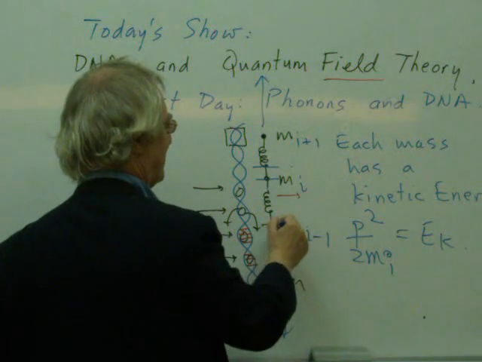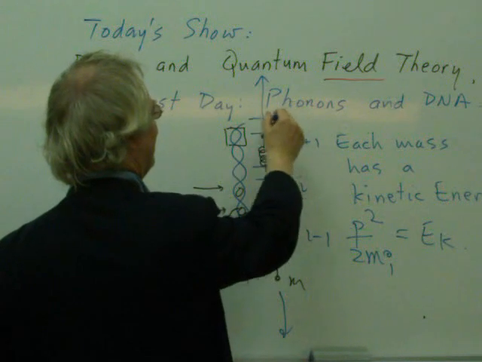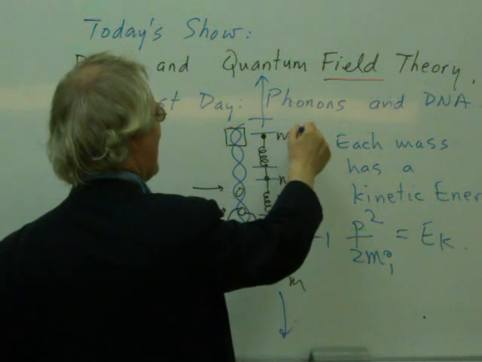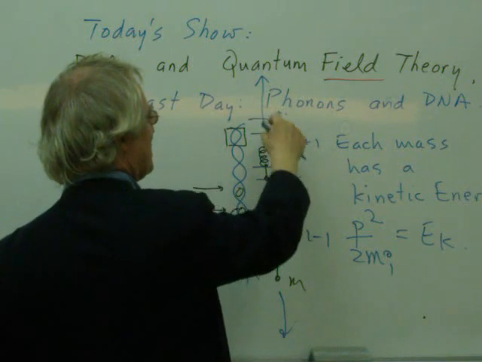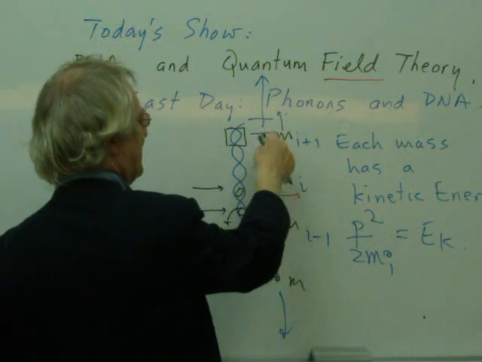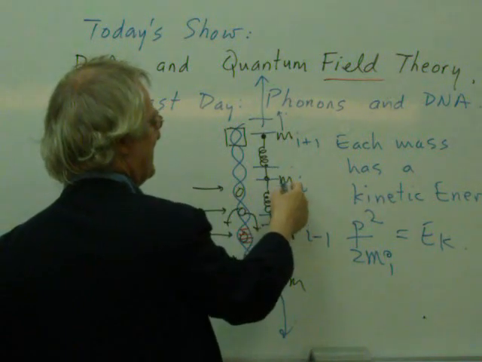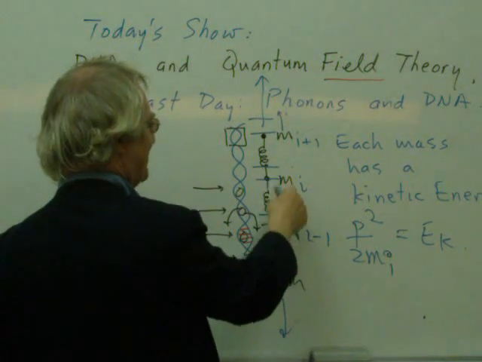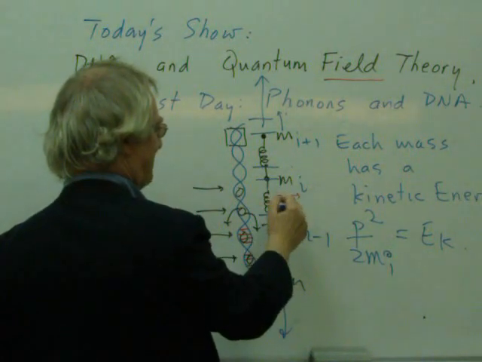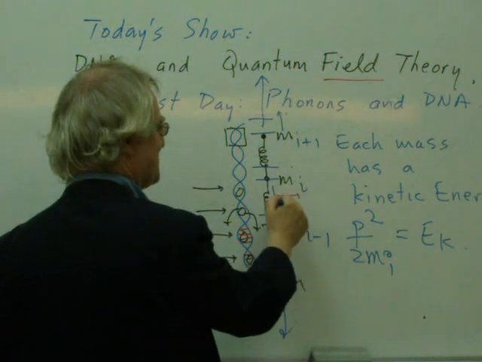Yeah, here we go. This m sub i plus 1, say, is stretched in that direction. So that spring, when it's extended that way, will exert a force on m sub i, and m sub i will have a force backward, that is, m sub i minus 1 will exert a force backward.